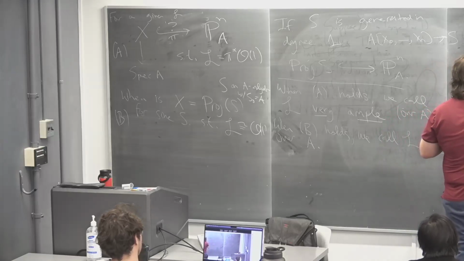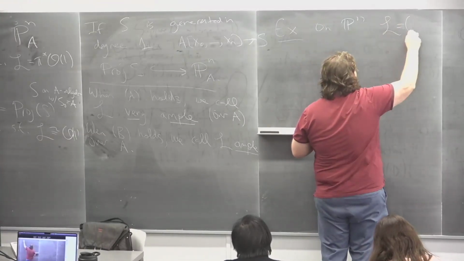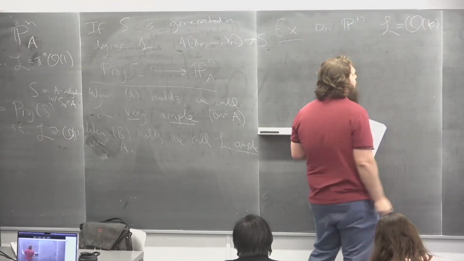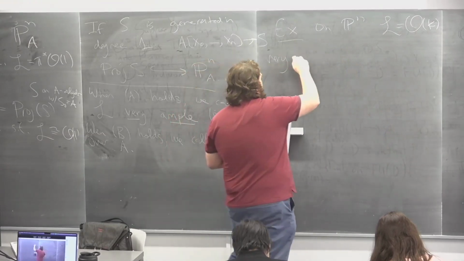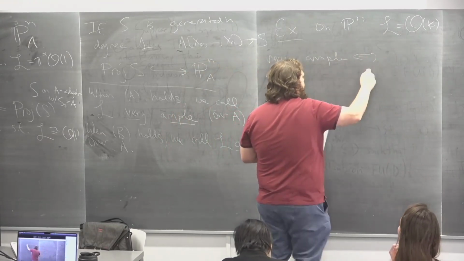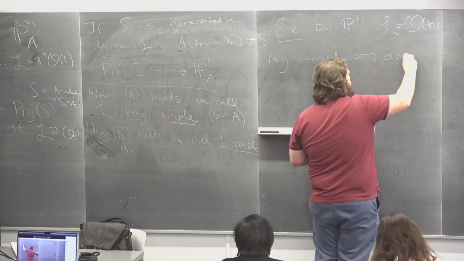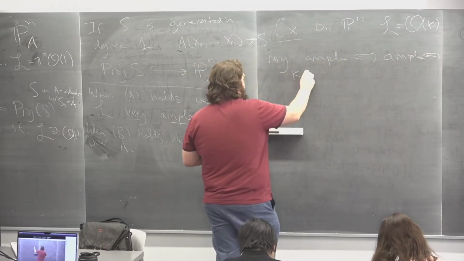On P^n, every line bundle we saw is of the form O(k). And in this case, it's very ample if and only if it's ample if and only if k is positive.